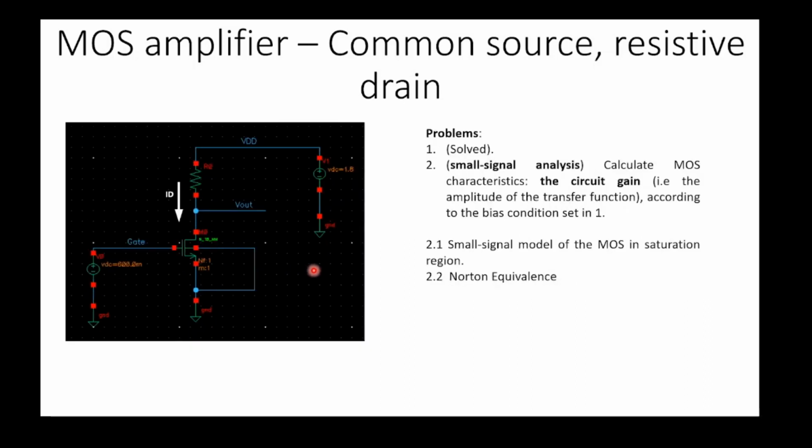Now let's move to the process, and in order to solve that problem we need to know two concepts. The first concept is the small signal model of the MOS when the MOS is biased in the saturation region, and then we need to know about the Norton equivalence.